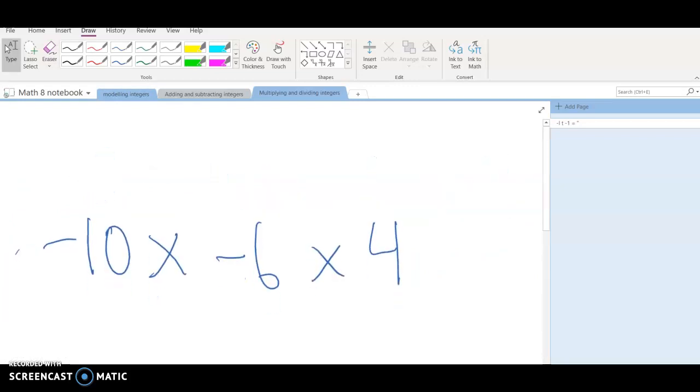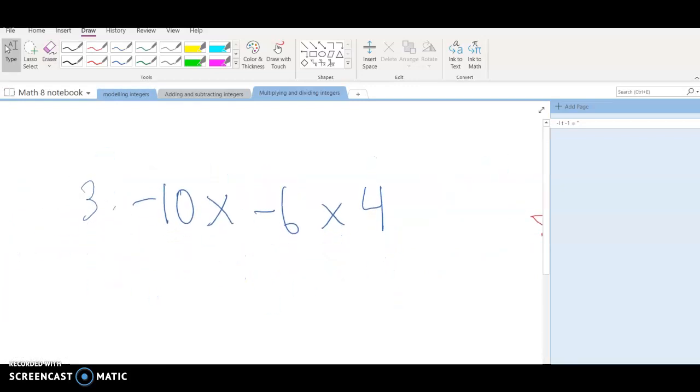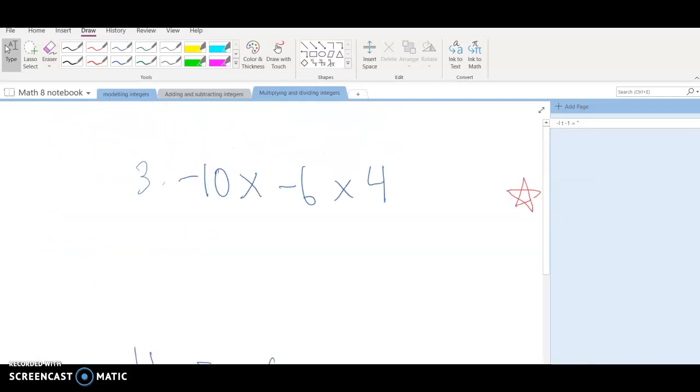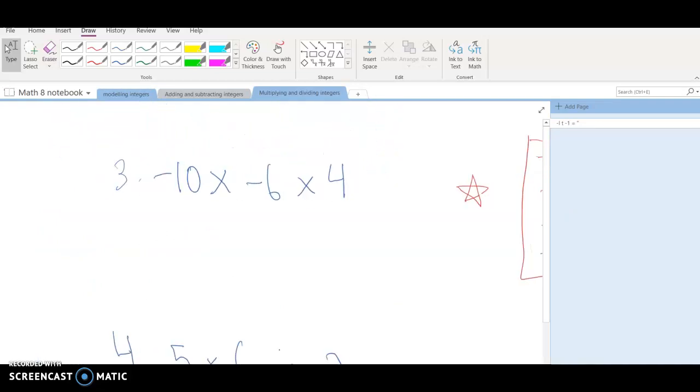Okay, here's the next question. You'll see that this has 2 steps in here. If you have 2 steps, you're going to do the one on the left, and then the one on the right. So you move from left to right, okay? Negative 10 times negative 6, negative and negative are positive.